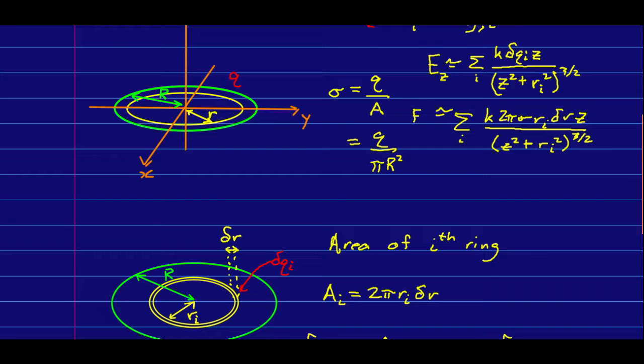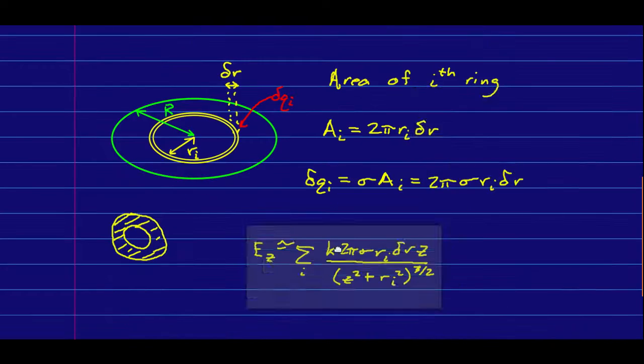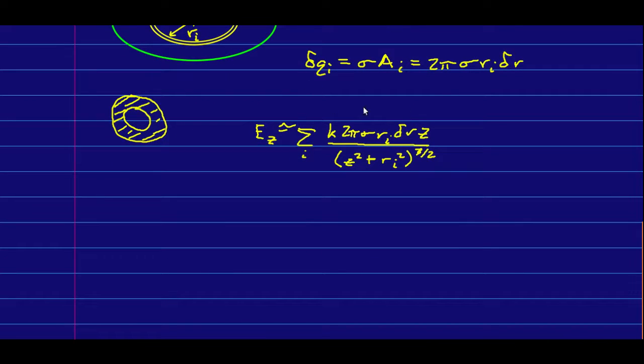I'm just going to take that and put it down where I can work with it a little more easily. And now I'm going to note what's a constant, and I'm going to pull all the constants out.